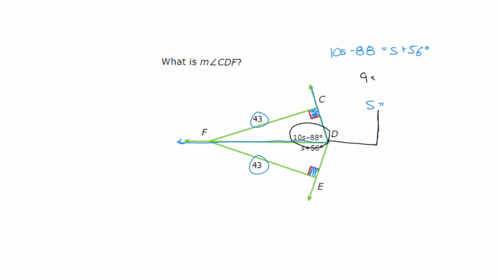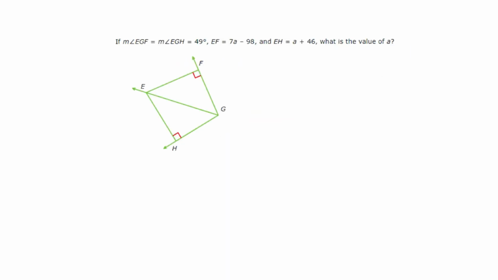You should get 9S equals 56 plus 88, 144, S equals 16, and plug in here 160 minus 88. You could take it from there.